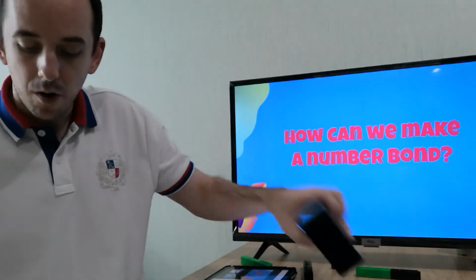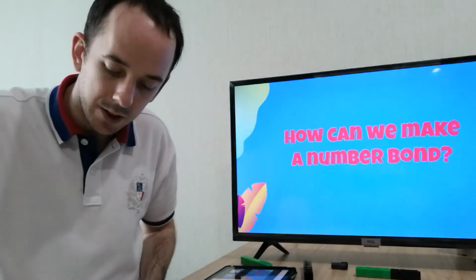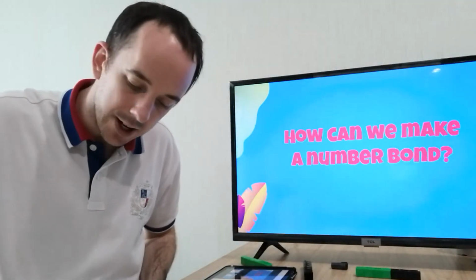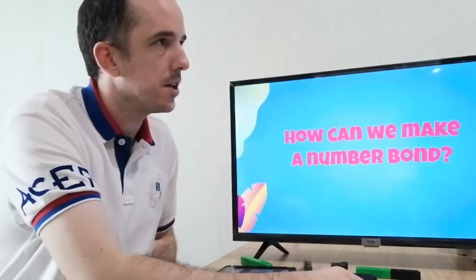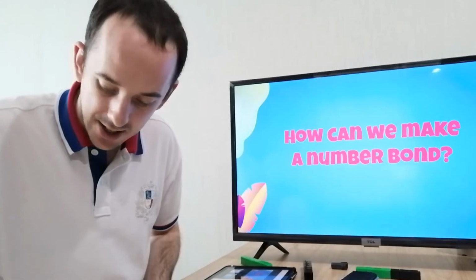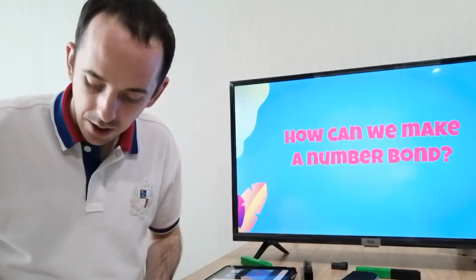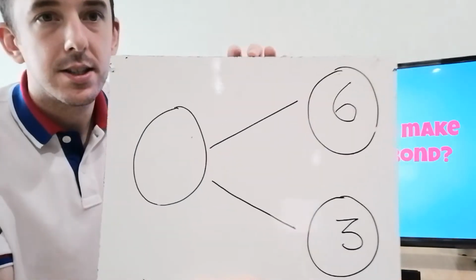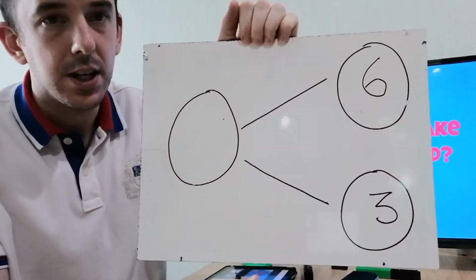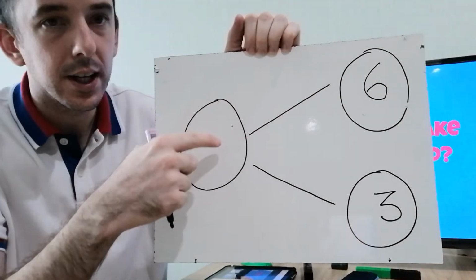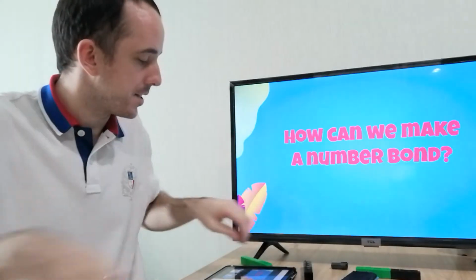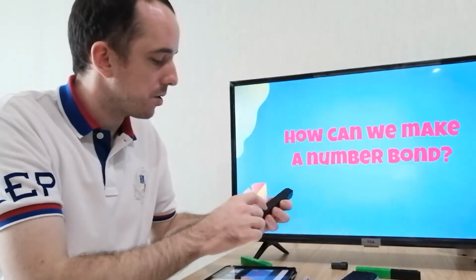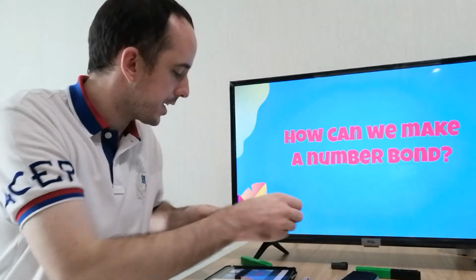Let's try one more example on the whiteboard. Let's see, eraser. Okay, what if I had 6 and 3? 6 and 3 together give me what? I'll use my blocks again because that makes it easy. 1, 2, 3, 4, 5, 6.